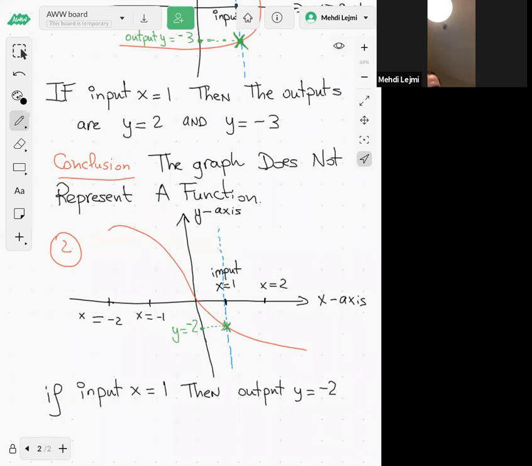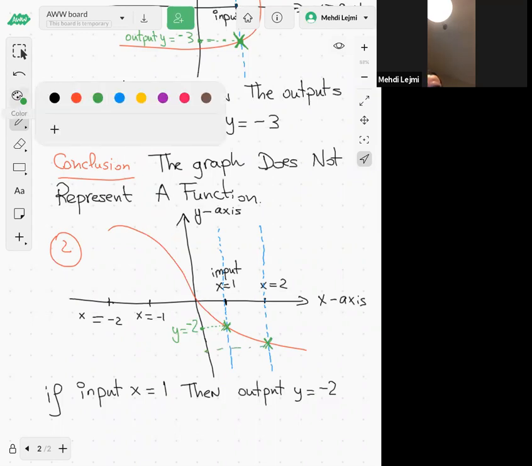I can do the same for x equal to 2. I'm going to draw this vertical line here. How many possible outputs do we have? Because it intersects the graph at exactly 1 point, we're going to have exactly one output.